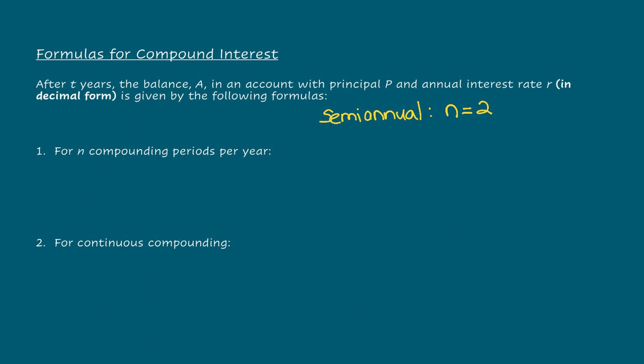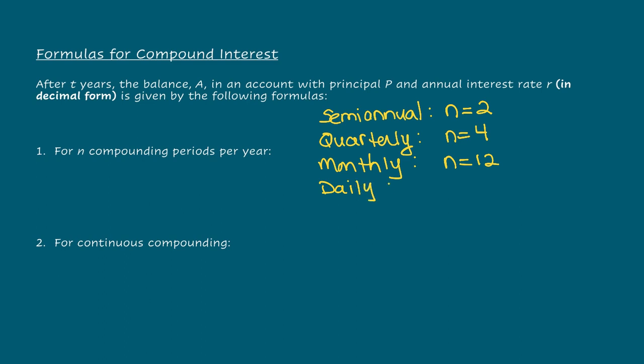If I am talking about quarterly compounding, then I have 4 compounding periods per year. I get paid interest this many number of times per year. If I have monthly compounding, then I have 12 compounding periods per year. And if I have daily compounding, then I have 365.